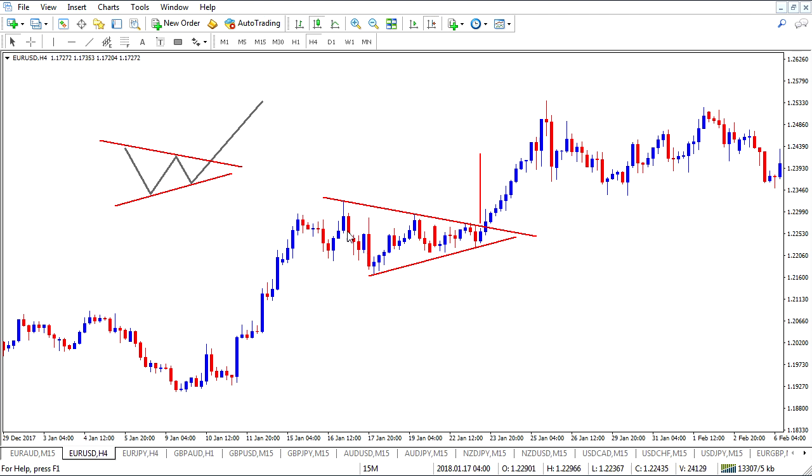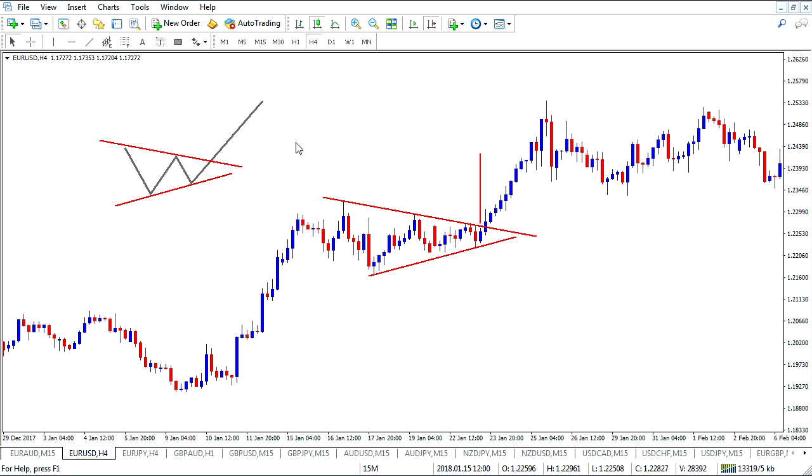And in this case, we get that narrowing as the market makes higher lows and lower highs. And then finally, once we get that consolidation wound up really tight, the market will want to explode out of that and continue, in this case, with the direction of the trend. Now, if the pole came from above into this formation, it would generally want to break below.